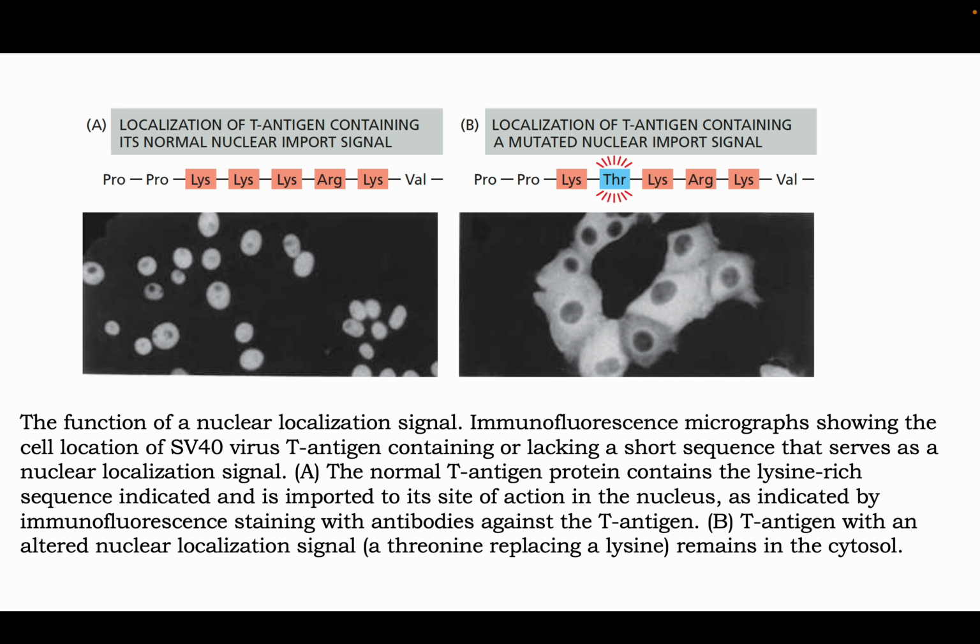They transfected one cell with the normal protein, that is the wild type protein. Then they injected antibodies against that protein. The antibody goes and binds to the protein, and those antibodies are fluorophore tagged. So when they did fluorescence microscopy, they could see the localization of their desired protein, because the antibodies are fluorophore tagged and give signal.